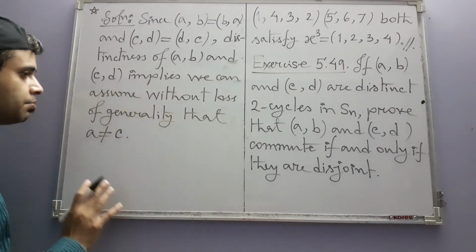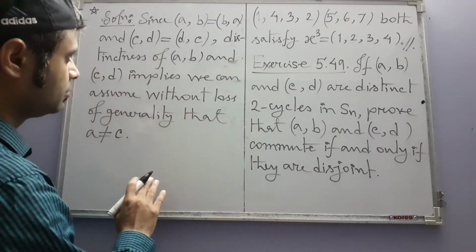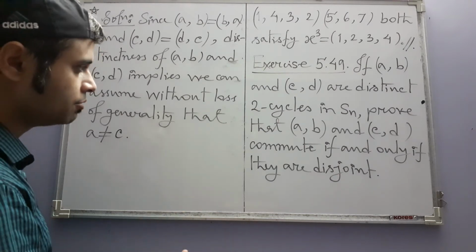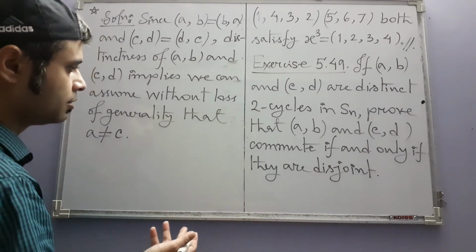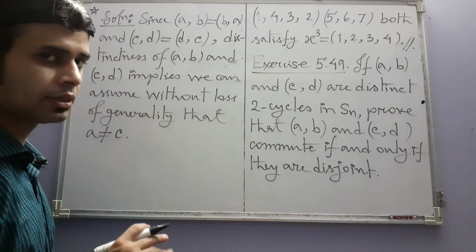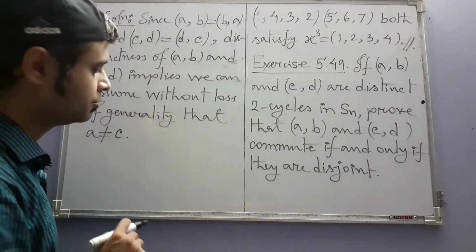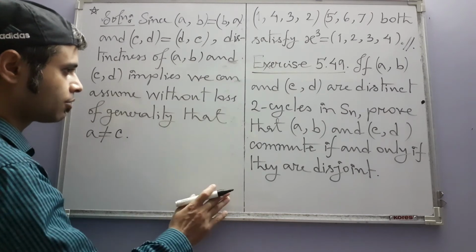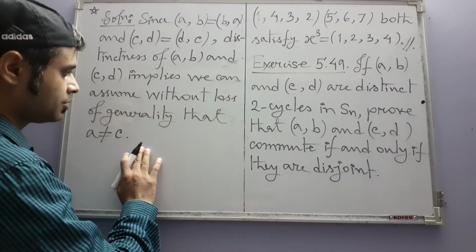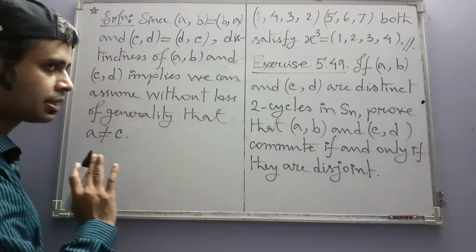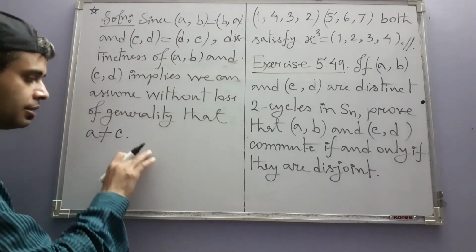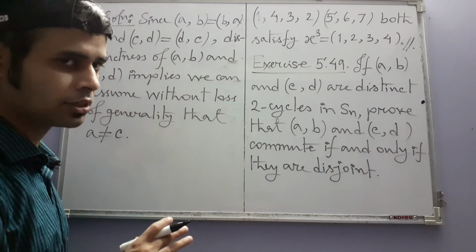So now we have to prove that if they are disjoint, then they commute, and of course also the converse. If they commute, then they have to be disjoint. So if they are disjoint, then they commute. That I am just simply going to mention and not say anything about it. You have, however, to write in the solution the justification for it.